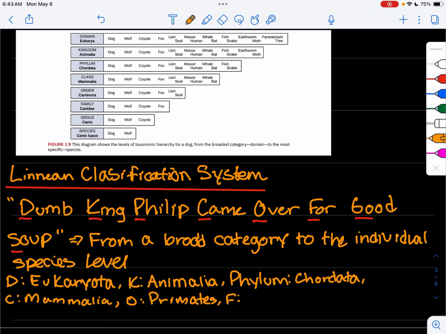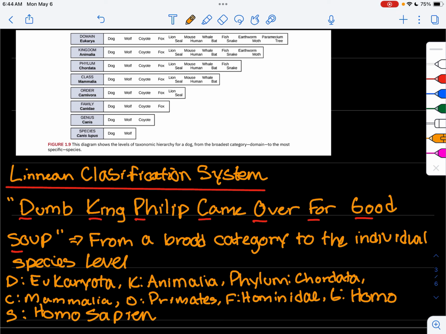Family, the family we belong to is Hominidae. Genus is Homo. And then our species name, instead of being called a human, you can call your friend a Homo sapien. So, Eukaryota, Animalia, Chordata, Mammalia, Primates, Hominidae, Homo, and Homo sapiens.